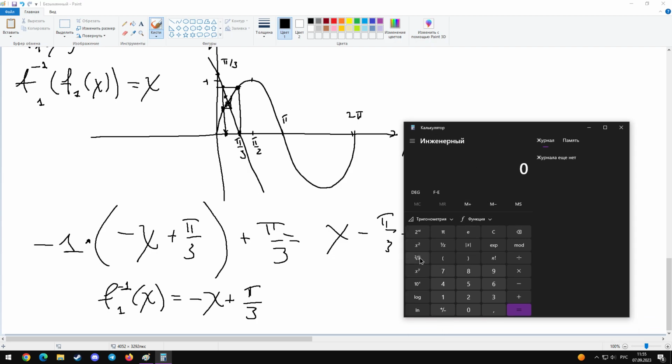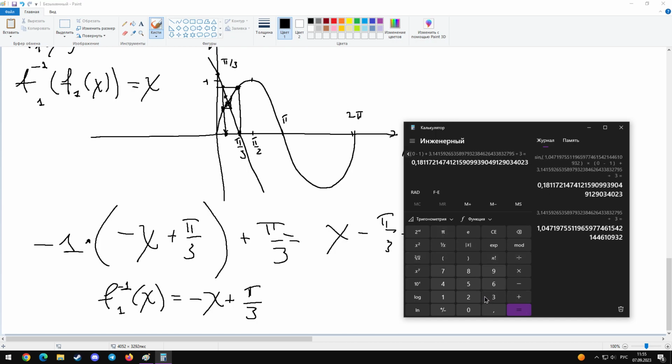Okay, I take pi over 3. Let's calculate. I take pi over 3, then sine of this value. And after that I multiply by -1 and then add pi over 3.